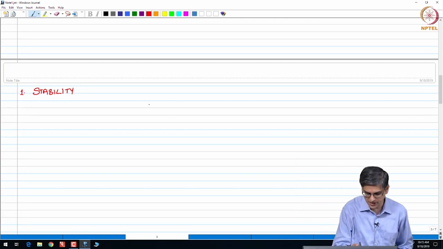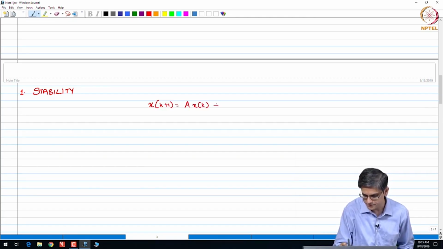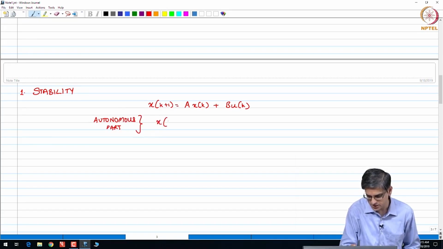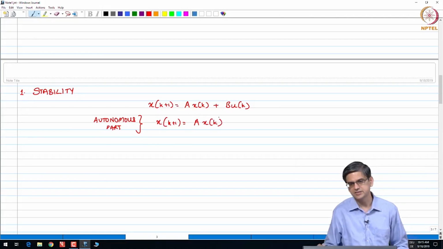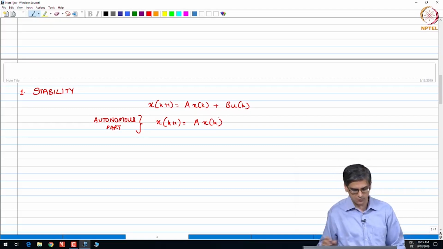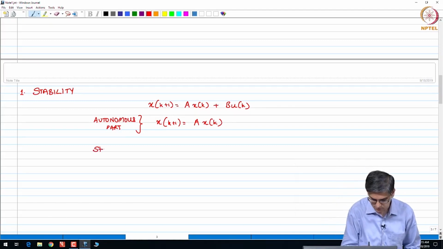Let us say we have again x_{k+1} equal to the autonomous part, which is just x_{k+1} = A x_k.